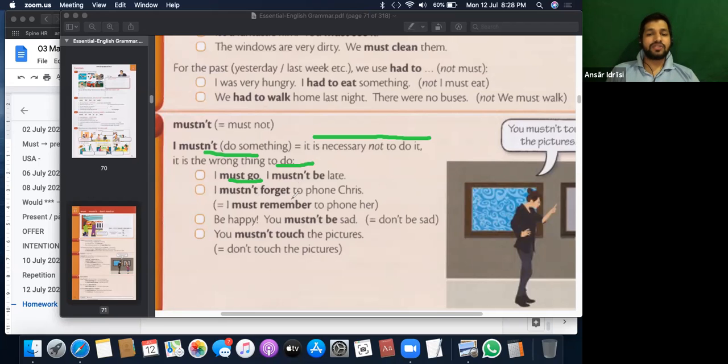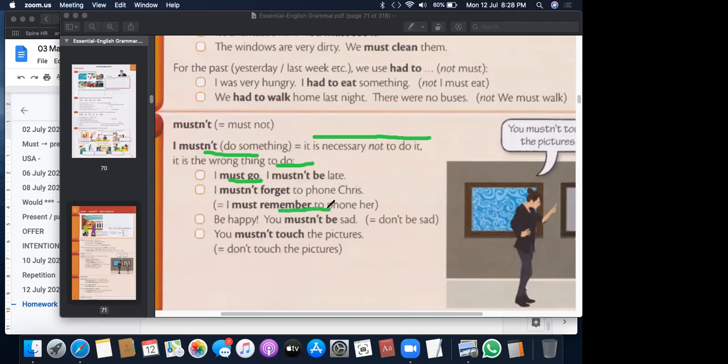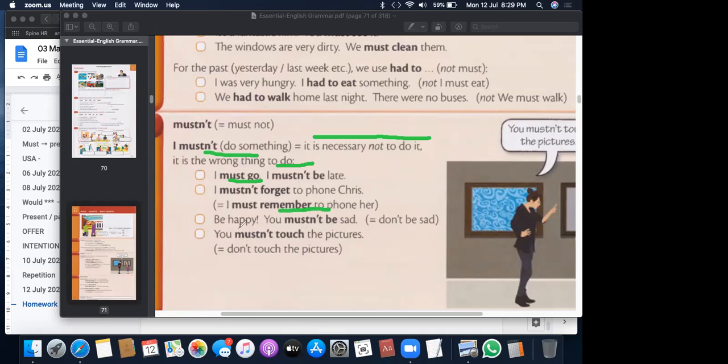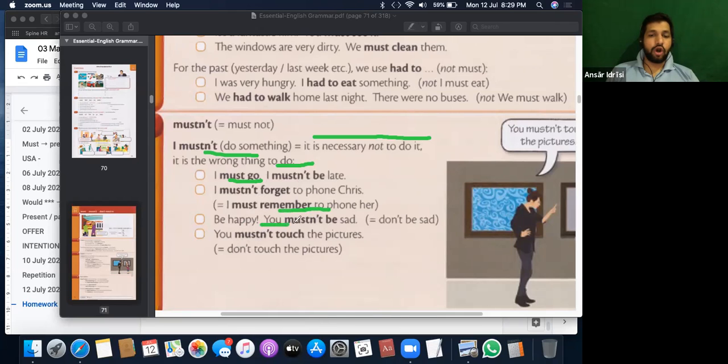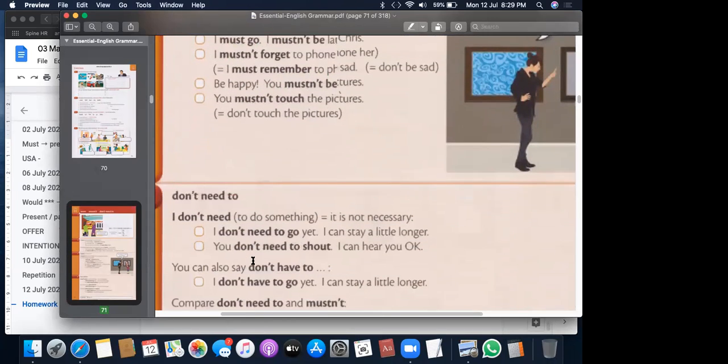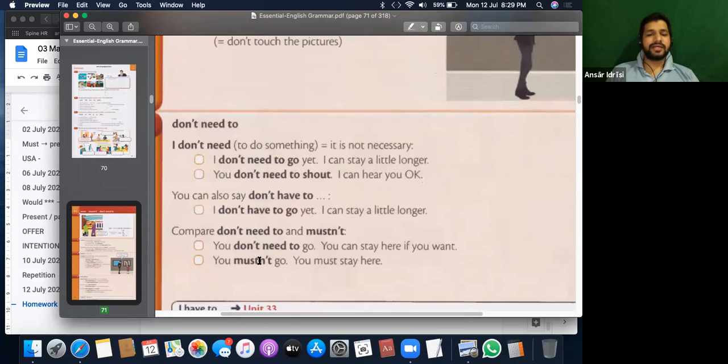Next one, I must remember to phone her. Next one, be happy. You mustn't be sad. Or I needn't be sad. Next one, you mustn't touch the pictures. Or you needn't touch the pictures. Correct. You needn't touch the pictures.